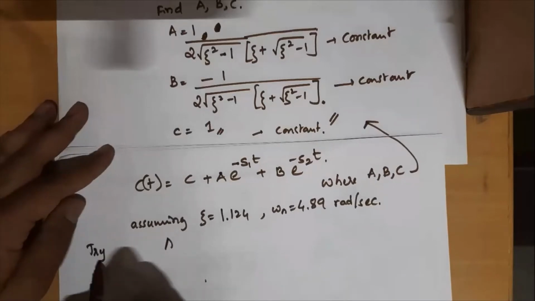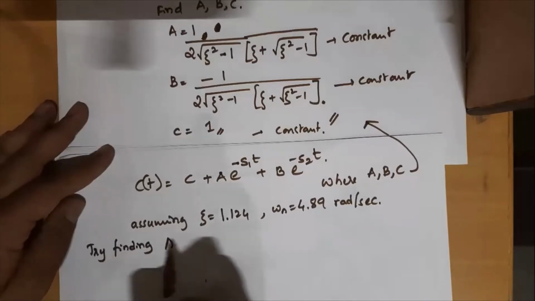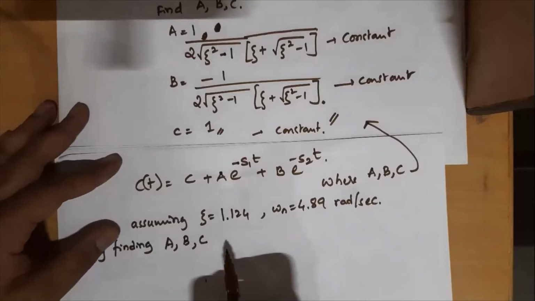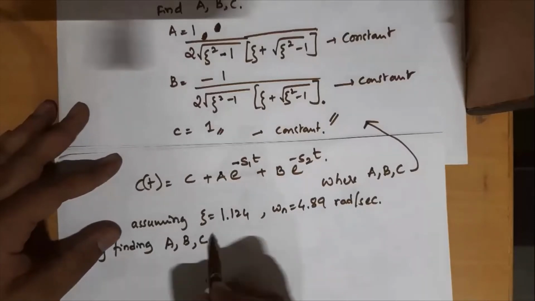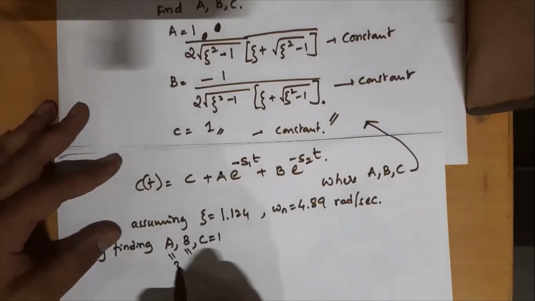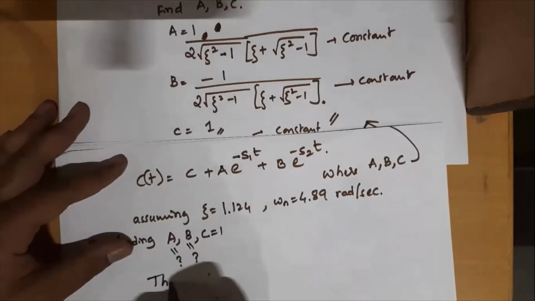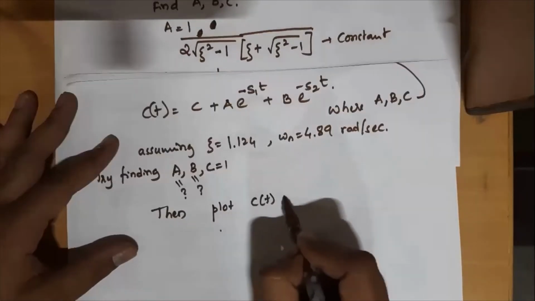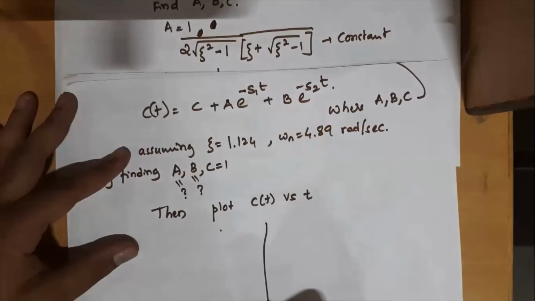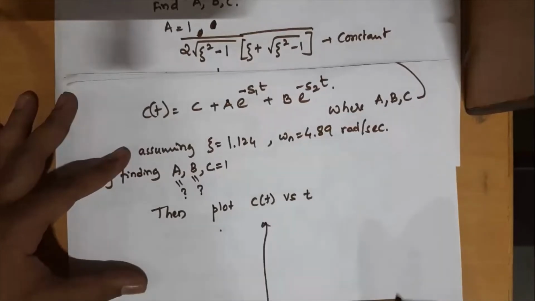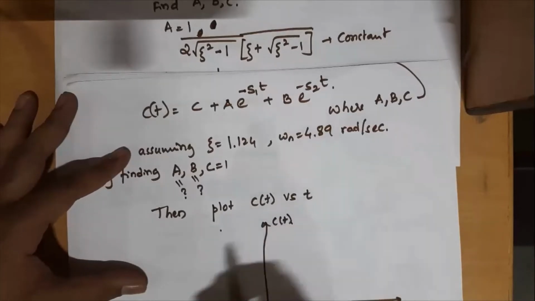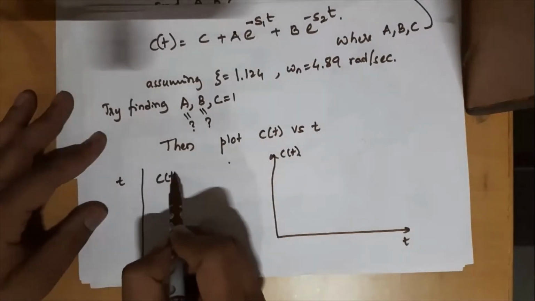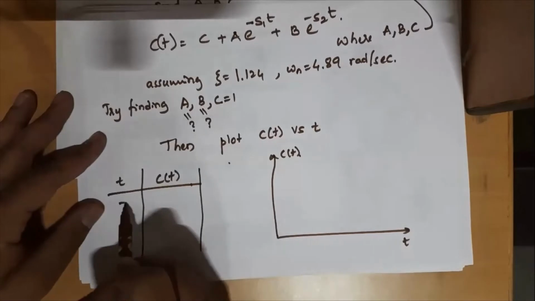The other way to check this out is to assume some value for zeta, which we considered in the example, and some value for omega n, which we had also considered in the example. Substitute that in this expression, then you will get the values of A and B, and then you can plot the graph of C of t versus t as shown, just by making a simple tabular column.